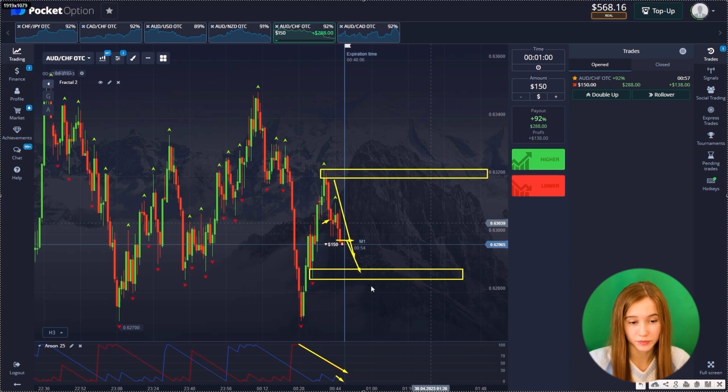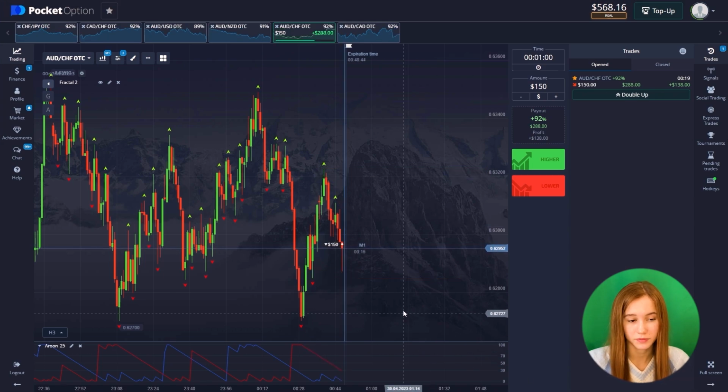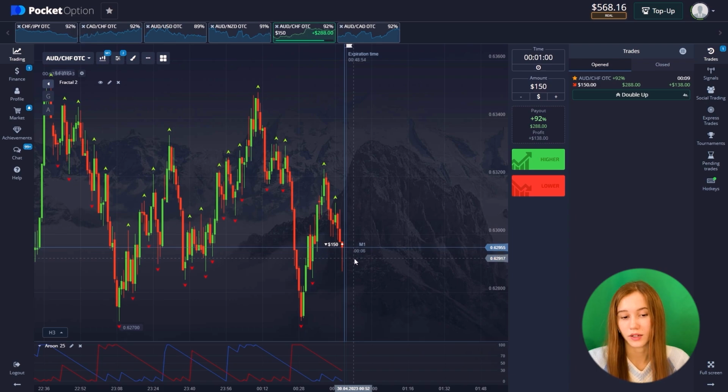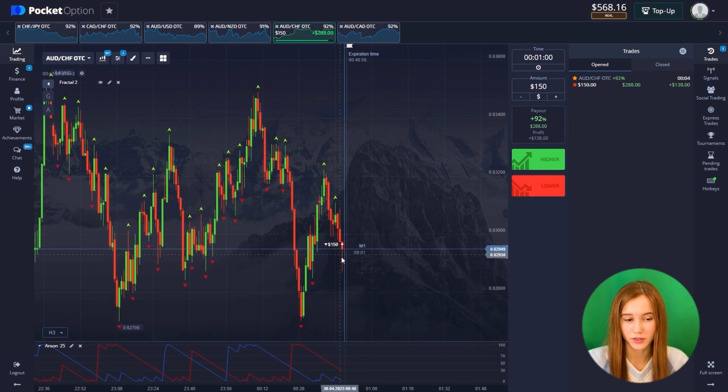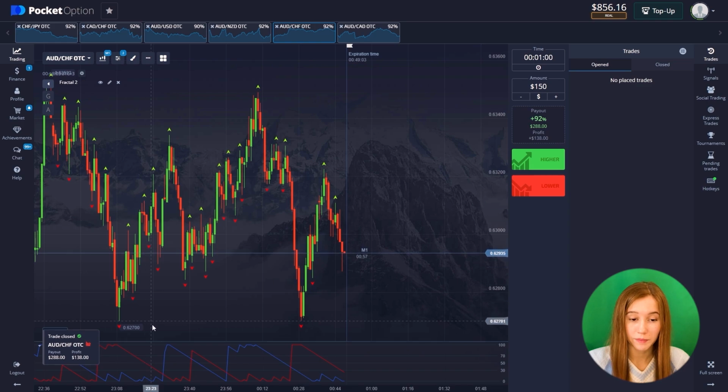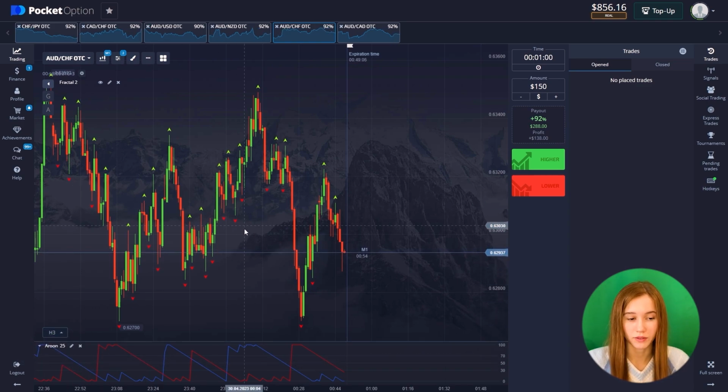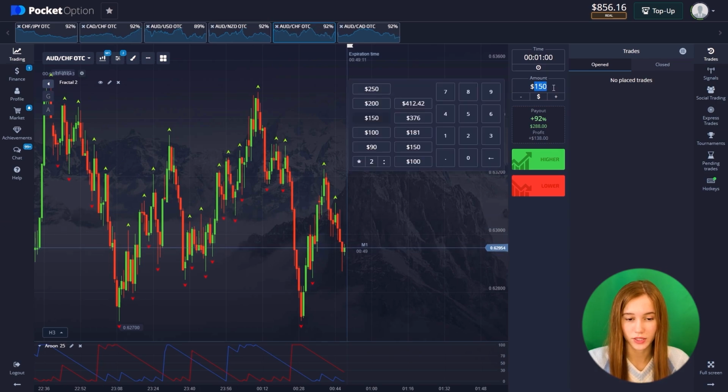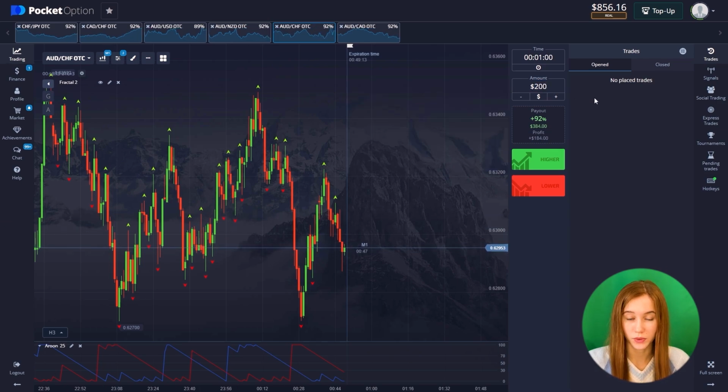It's like consolidation. Let's see. 16 seconds left until the end of our deal. State of drawdown. 9 seconds left. I think it's a positive direction for us. Yeah, good, great. We have a plus deal. Pretty good. Let's increase the amount to $200 and move immediately to the next concept.